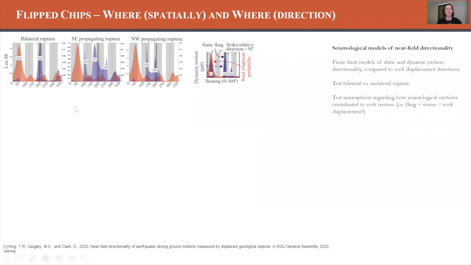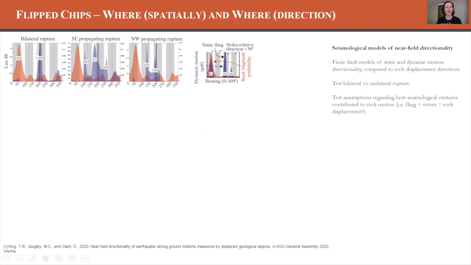Yeah, so this is quite a complex little set of graphs. What Januka did is he ran these finite fault models where the earthquake starts either in the center and goes outwards, or starts on one end and goes along the other way. And he extracted the dynamic motion, which is the waves of the earthquake, and the static motion, which is that fault offset that I was talking about. And he finds out what direction the maximum of that is in a bearing, so 0 to 360. And then we compare, so that's the blue and the black here. We compare it to the red.